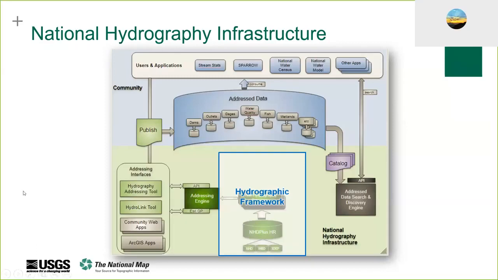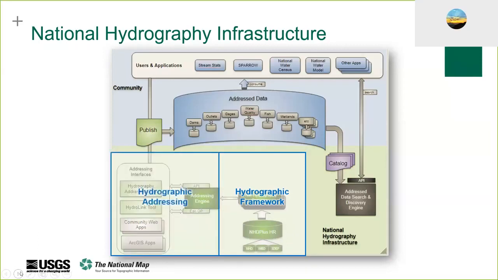So we're talking about these addressing tools, and we have some web services and this addressing engine underlying those tools. So we're going to talk quite a bit about those tools today.